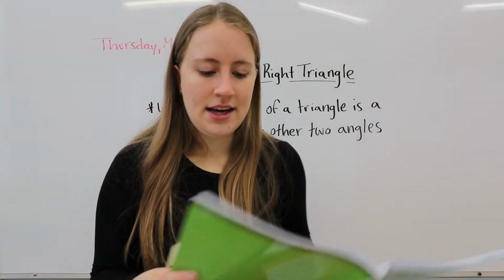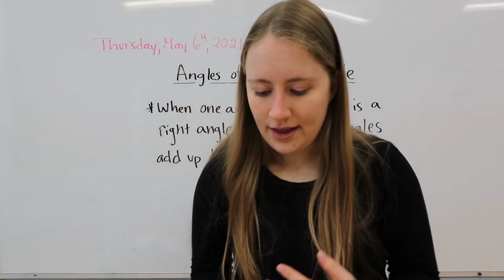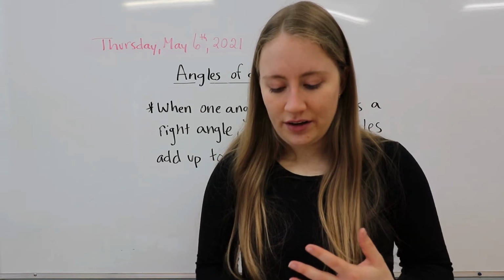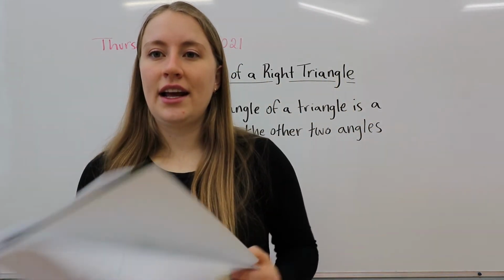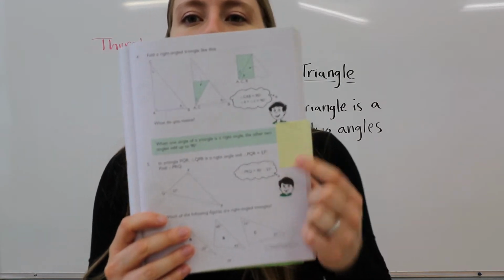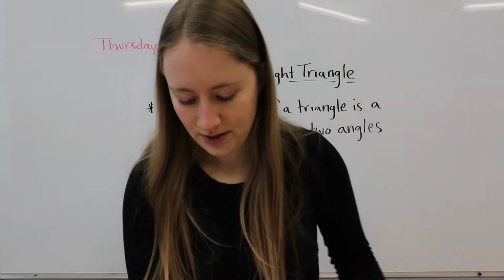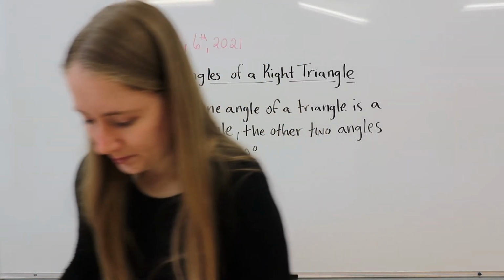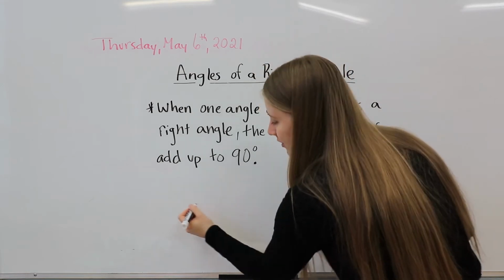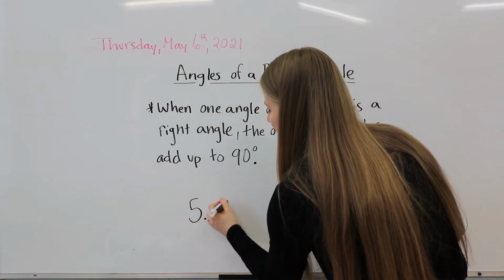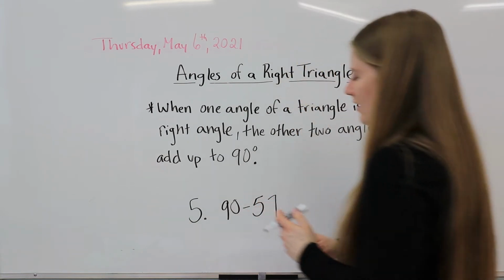So it tells us that we have a right angle, and then we have another angle that's worth 57 degrees. So all we have to do, because we know that one angle is a right angle, is subtract the other angle from 90 degrees, which is what our thought bubble shows us to do. Okay? So for number 5, we have to do 90 minus 57.